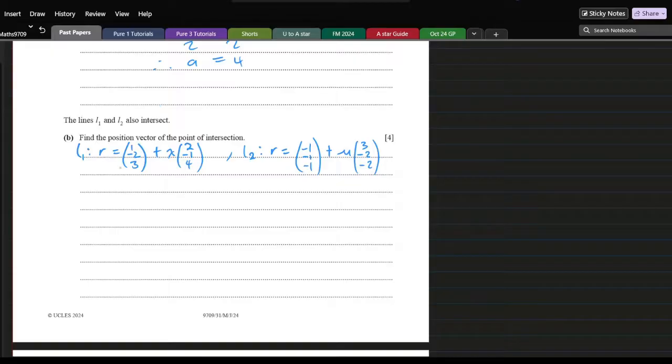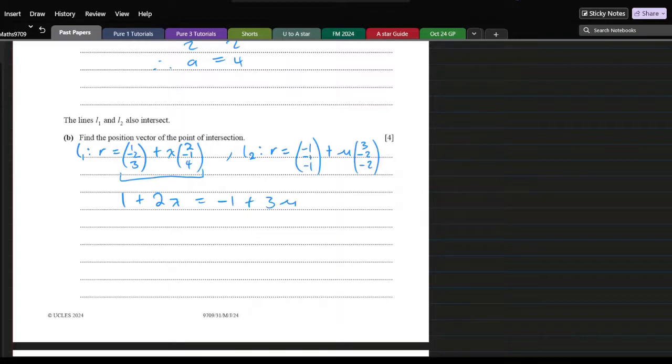From our first equation, L1, we can get three equations. The first one is 1 plus 2 lambda, and that would match negative 1 plus 3 mu.